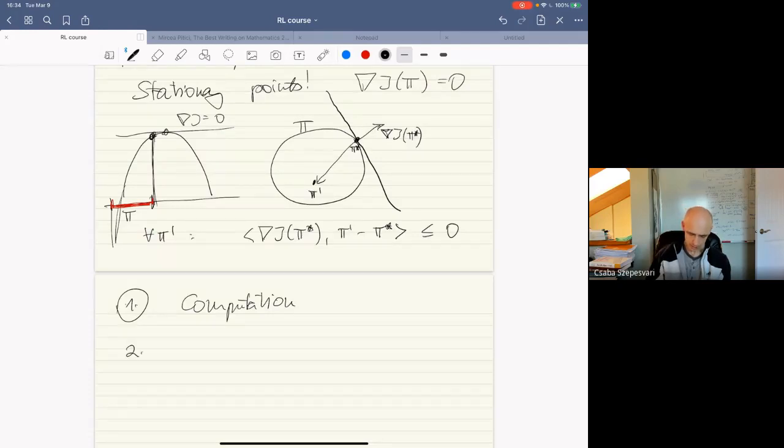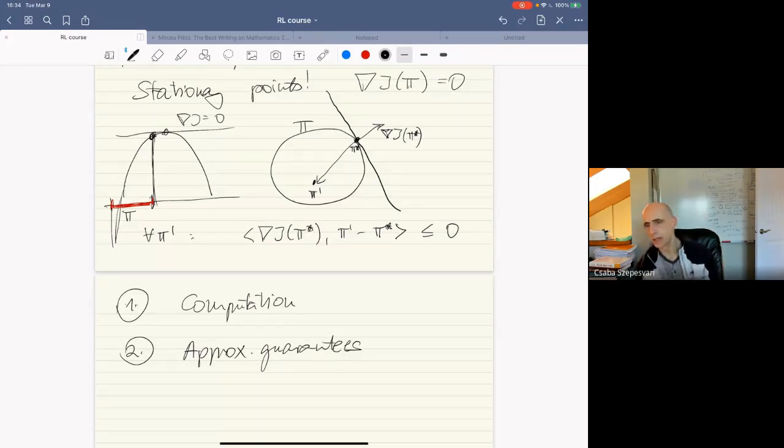Question number two is going to be approximation guarantees. Computation asks for, is there a computationally efficient procedure that finds stationary points at least under some nice and benign conditions?